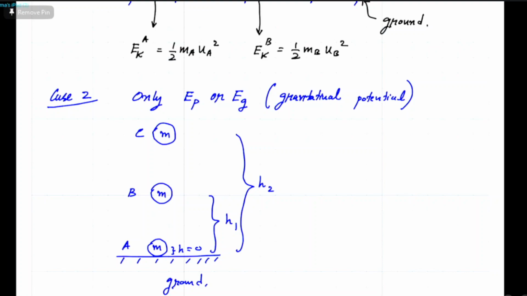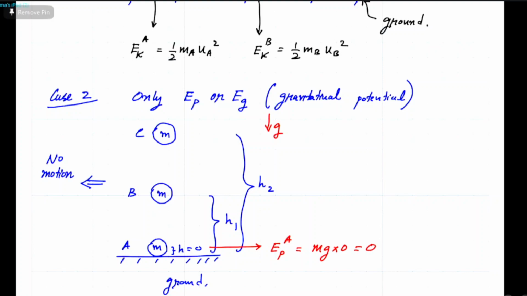Right? So now, do you have a motion here? No motion. They are stationary in that situation, right? But here you have g. However, due to this height, the same object has E potential at place A, which is mgh, where h is 0.